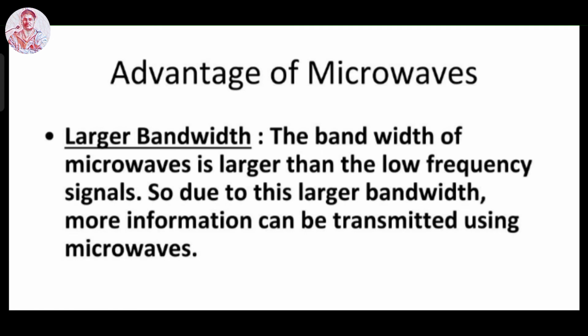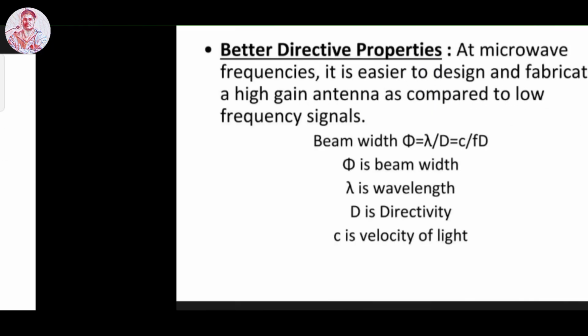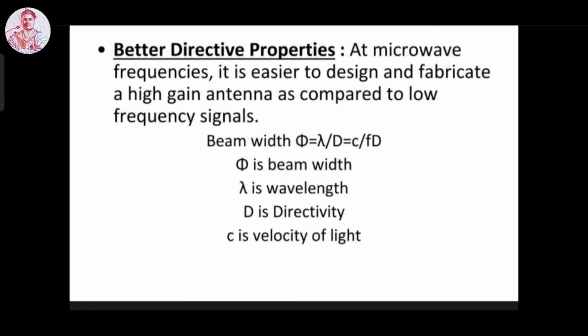And the advantages of microwaves are: first is larger bandwidth. The bandwidth of the microwave is larger than that of lower frequency signals. Due to this large bandwidth, more information can be transmitted using microwaves. Second is better dielectric property. At microwave frequency, it is easier to design and fabricate high energy antennas as compared to low frequency signals.